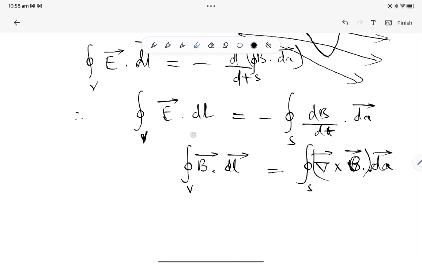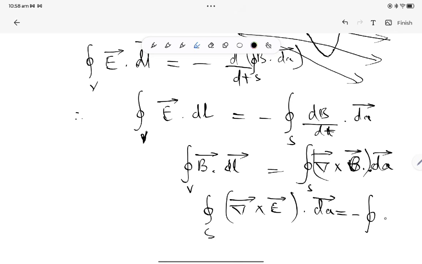Now, using this for the electric field, we replace B by E, and also replace the whole left side by the surface integral. So I have the surface integral of del cross E dot dA is equal to minus the integral of dB by dt dot dA.